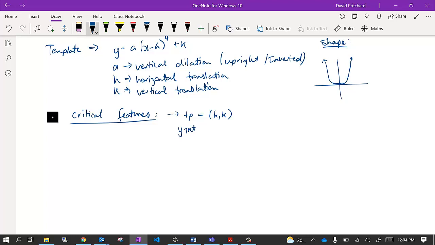And the y-intercept is when x is equal to 0. And x-intercepts, where it could have no x-intercepts, 1 or 2 x-intercepts, is when y is equal to 0. So there could be 0, 1, or 2 of these.